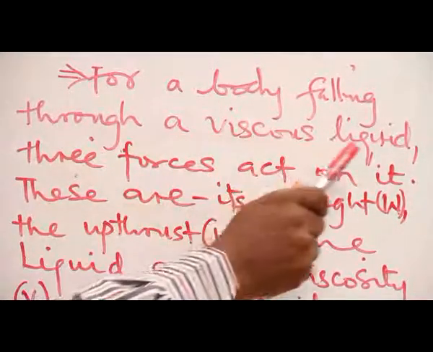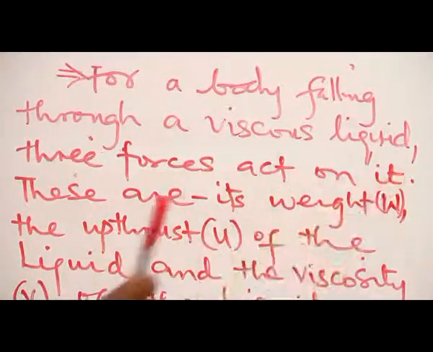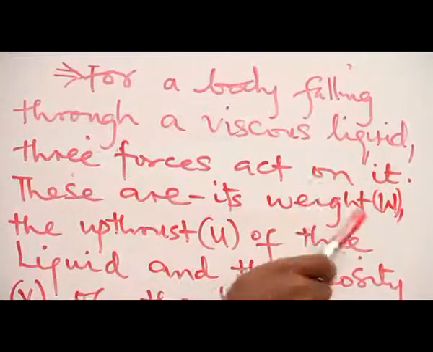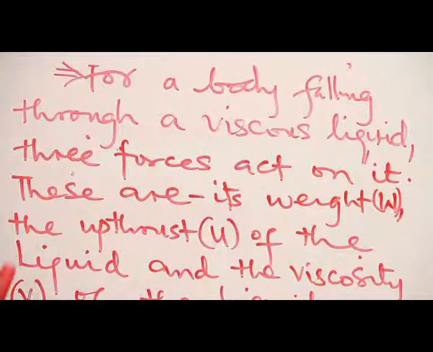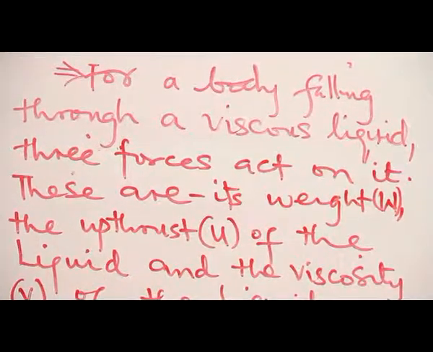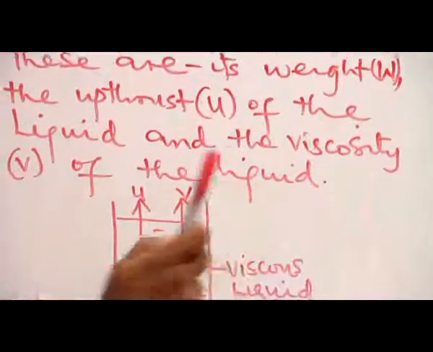For a body falling through a viscous liquid, three forces act on it. These are its weight, represented by W, the upthrust U of the liquid on the object, and the viscosity V of the liquid.